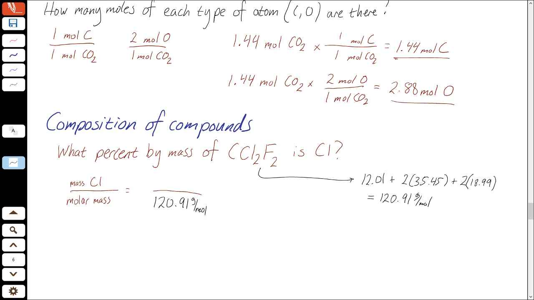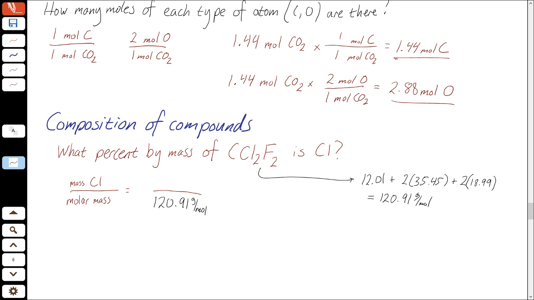All right, so then what are we going to put on top? How do we find the mass of just the chlorine in the compound? Do we put 35.45 on top? Have to multiply by 2, right? Because there's 2 chlorine atoms per compound, per formula unit.